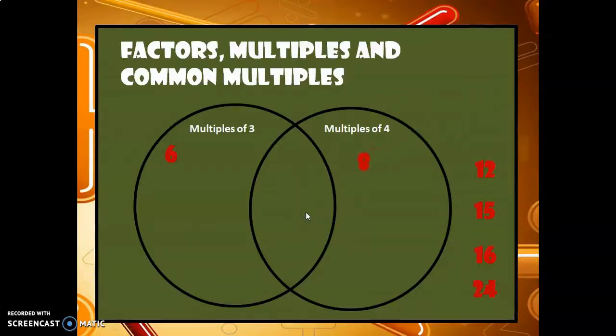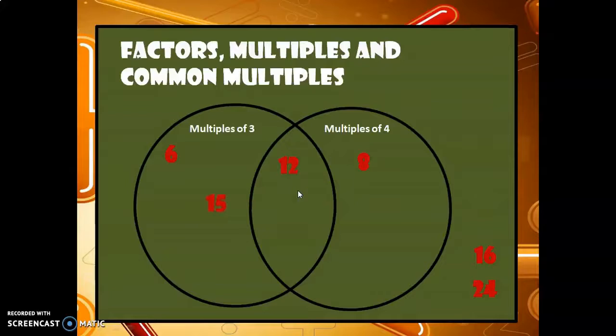It must be in multiples of 4, because if you divide 8 by 4, there is no remainder at all. What about 12? Very good. It should be in the middle, because 12 is a common multiple of 3 and 4: it can be divided exactly by 3 and 4 without any remainder. We call this a common multiple.